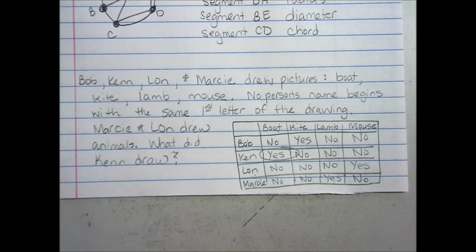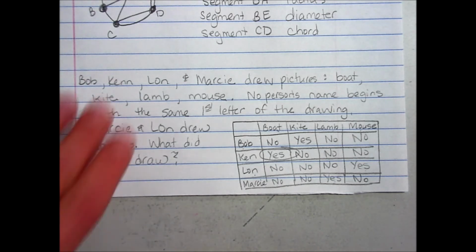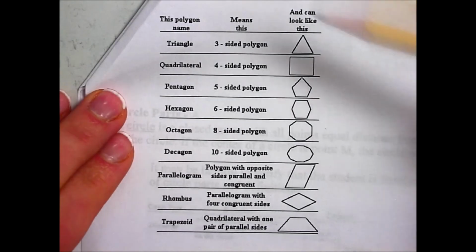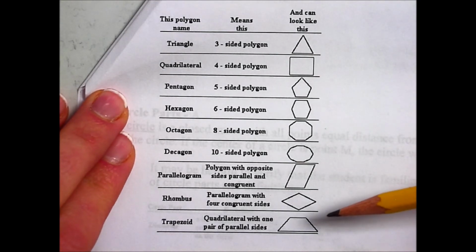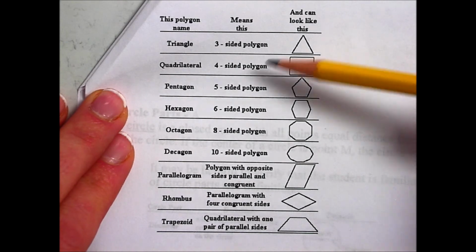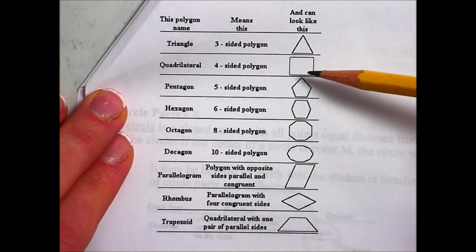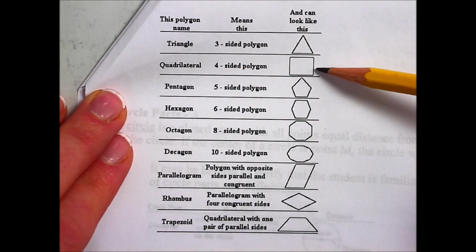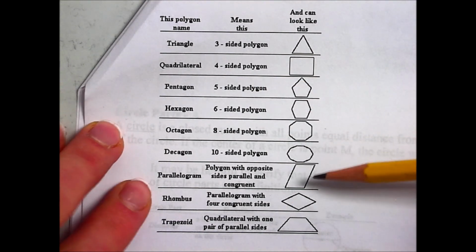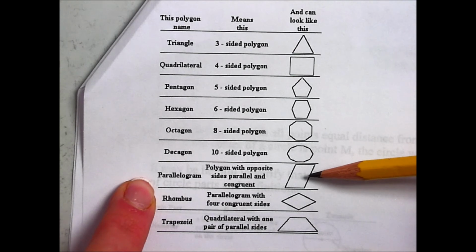The last thing, we're not going to take notes on this, but I'm going to show you. This is posted in Canvas under the study guide. You'll have to identify shapes by the number of sides. So you have triangle, quadrilateral, which could also be called a rectangle, pentagon, hexagon, octagon, decagon, and parallelogram, a polygon with opposite sides that are parallel and congruent.